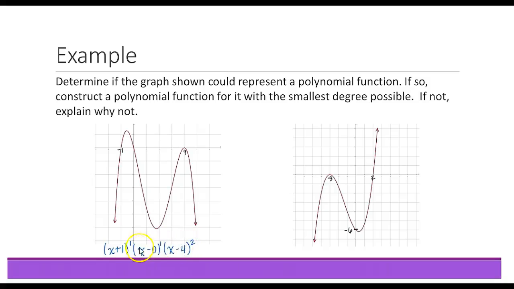So now we just want to make sure that we have satisfied the end behavior. So here, this polynomial, if I multiplied it all out, it would be x, and x squared, so x to the 4th. Well, it would be positive x to the 4th, and these ends are pointing down, so we would need a negative leading coefficient.